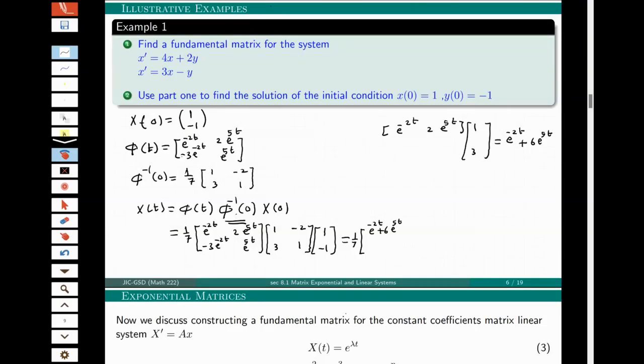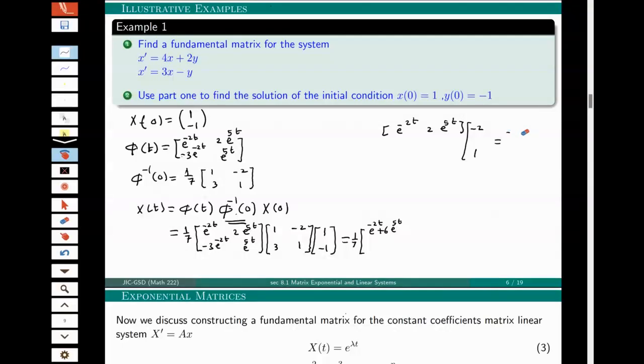Then the first row times the second column, which is minus 2 and 1.